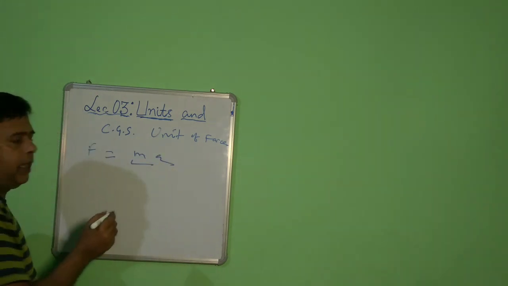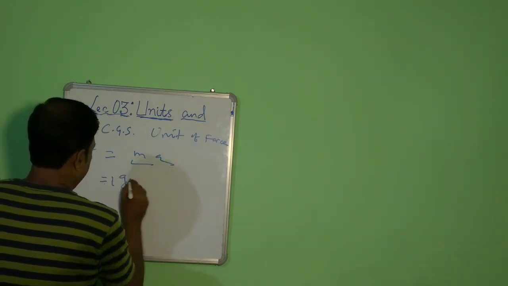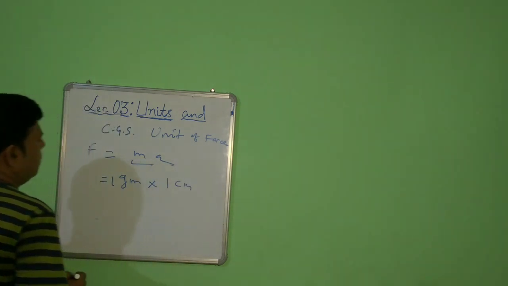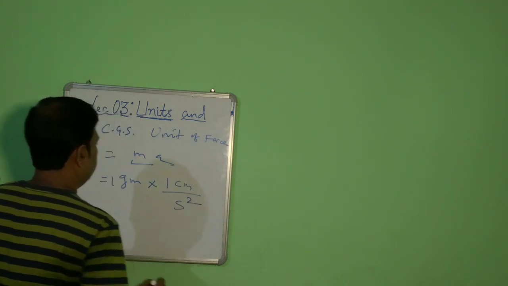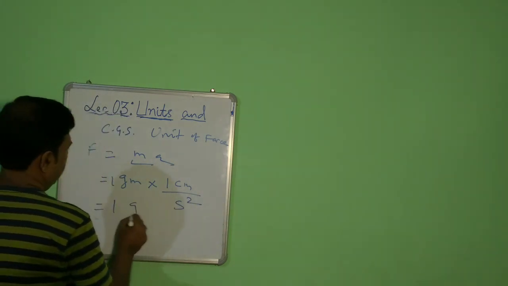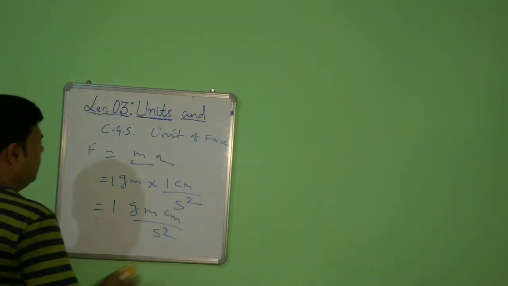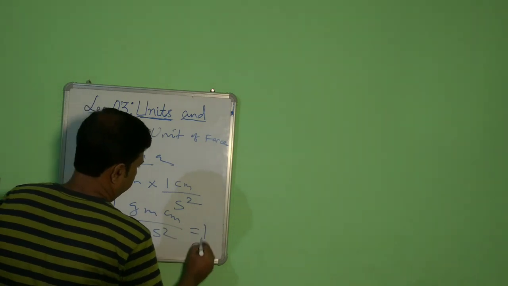The CGS unit of mass is gram, into acceleration. Because in the CGS system the length unit is centimeter, but the unit of time remains the same, this becomes 1 gram centimeter per second square. Another name for this is dyne.